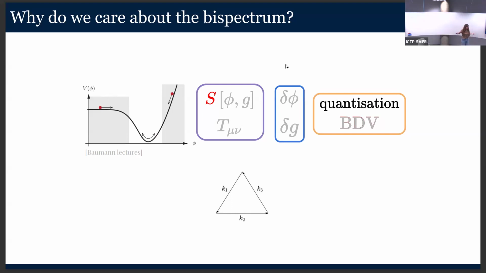Okay, so if you break all of these assumptions, so you're starting your inflation theory from excited states, you have multiple fields and you have a non-standard action, then you're going to have a combination of all these three shapes. And then your bispectrum is more complex, but each of these will tell you which assumptions you're breaking. Okay, so this is why I think that the bispectrum is nice, and this is one of the reasons why I got into looking into seeing bispectrum everywhere, basically.